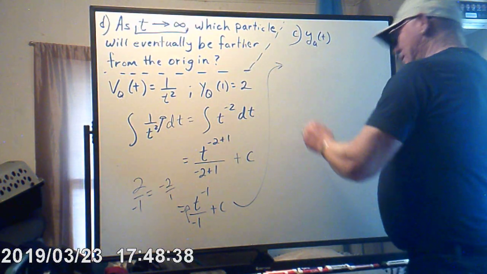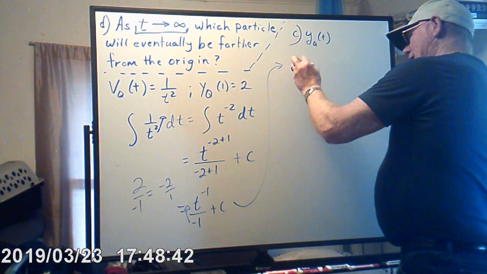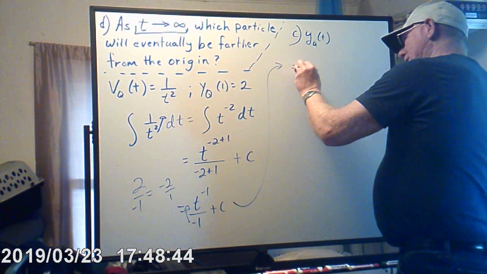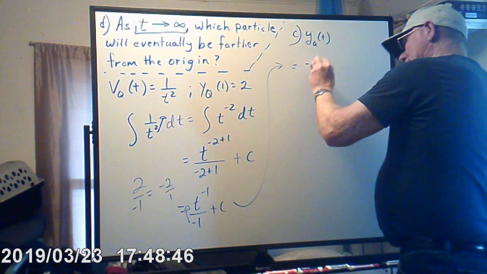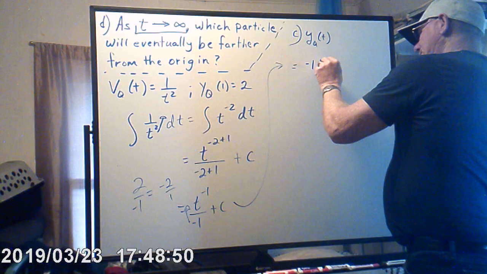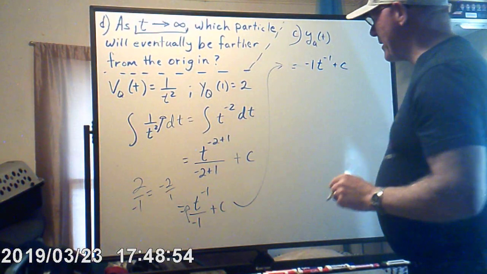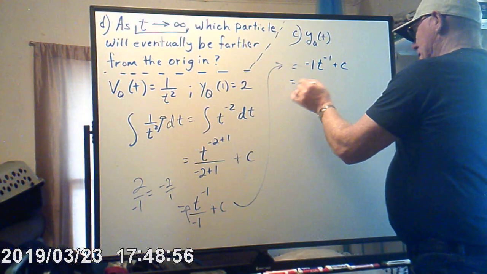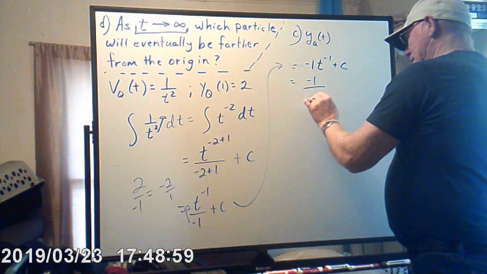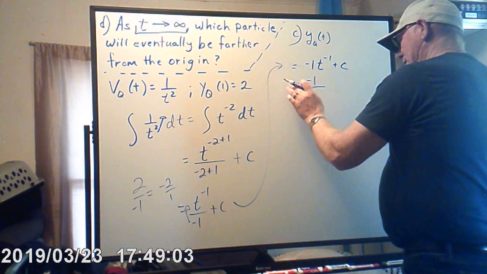Let's rewrite that, make it look a little nicer. So equals negative 1 t to the negative 1 plus c. I don't want this negative to be here, so this is negative 1 over t to the positive 1, or you can just put the negative on the outside, plus c.